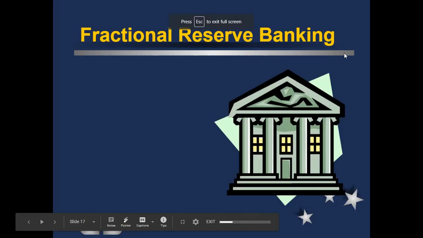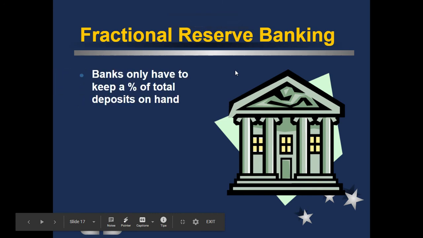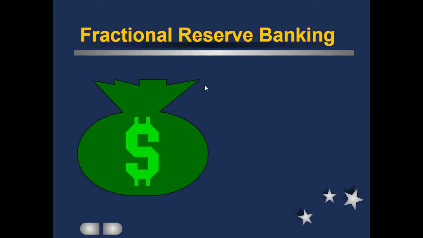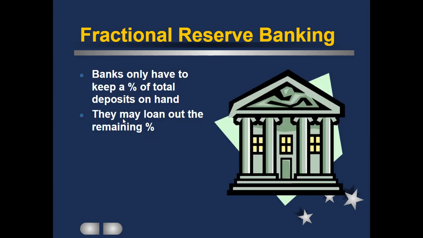Let me explain a little about how those interest rates work and how that regulates the economy. We have what's called fractional reserve banking. This was the idea that banks have to keep a certain percentage of their customers' deposits physically on hand so that we wouldn't have another run on the banks, and they could loan out the rest.